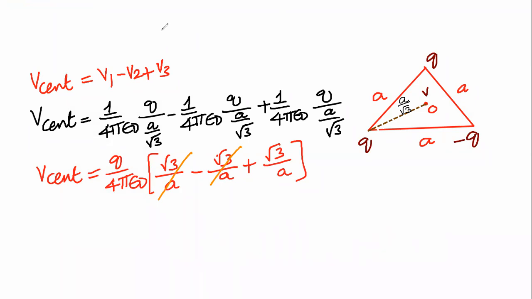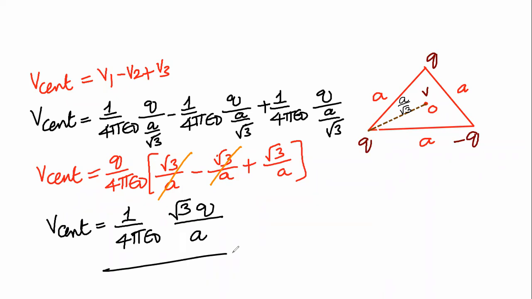Then the electric potential at the centroid is equal to 1 by 4 pi epsilon naught into square root of 3 Q divided by A, which is 1 by 4 pi epsilon naught into 3Q divided by A. This is the electric potential at the centroid when the three charges are placed like this.